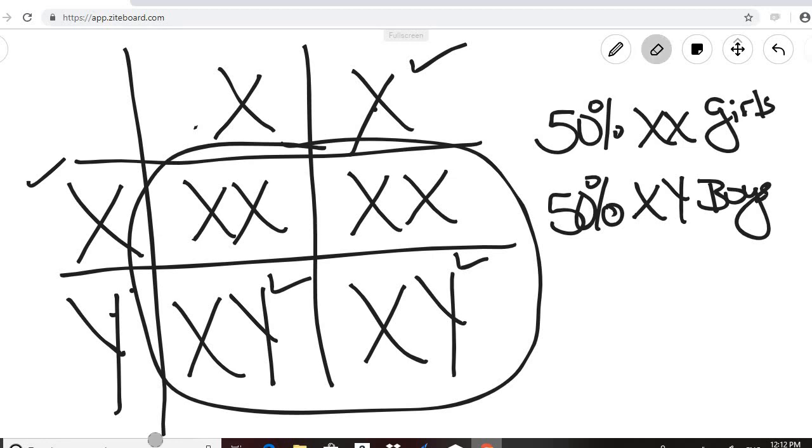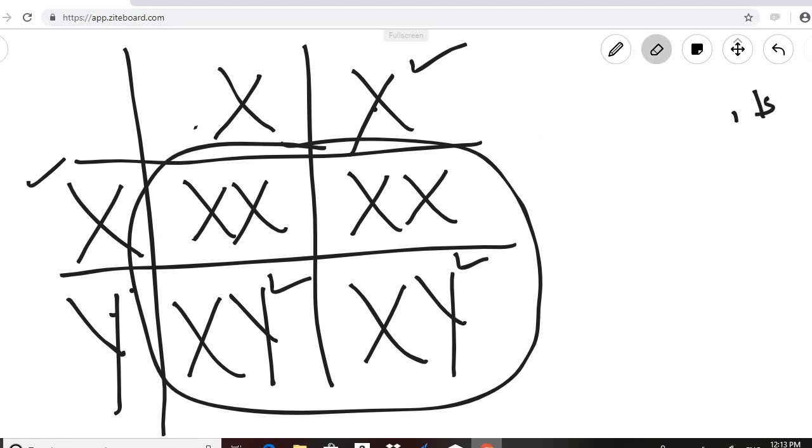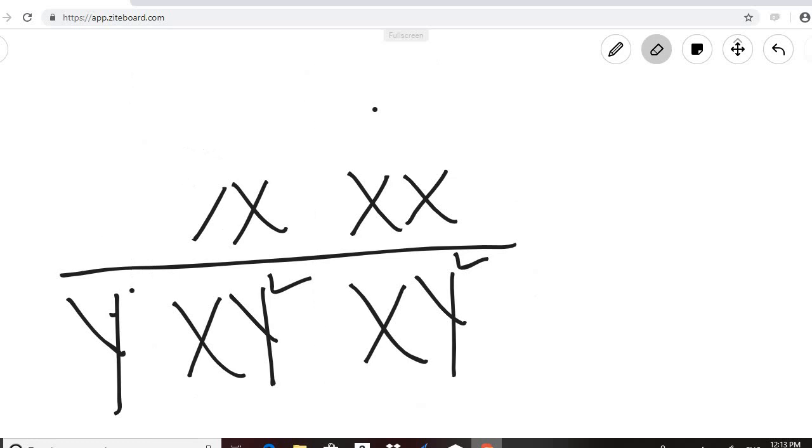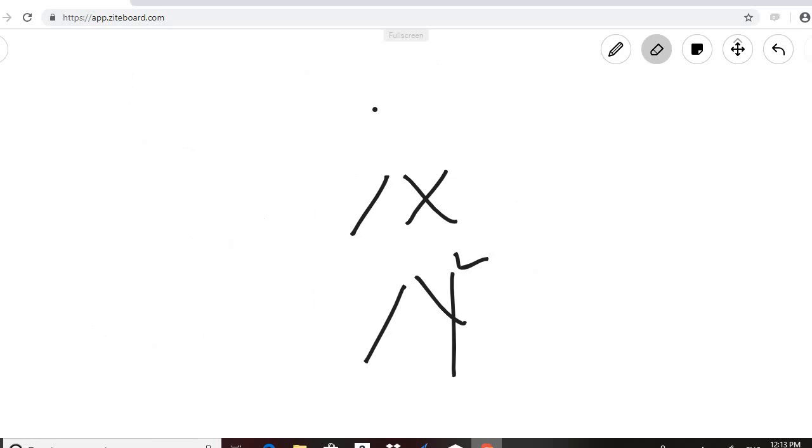Okay, so that's how the sex of offspring is determined, on the sex chromosomes, with the female being XX and the male being XY.